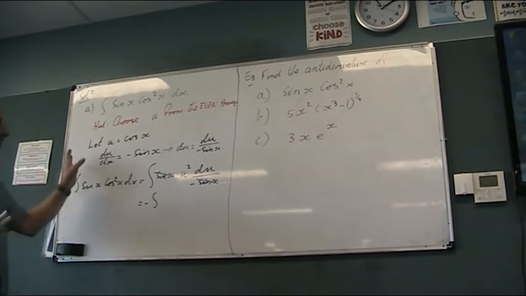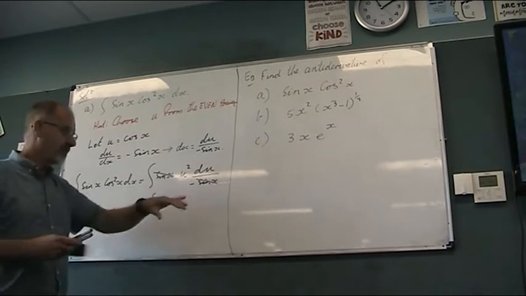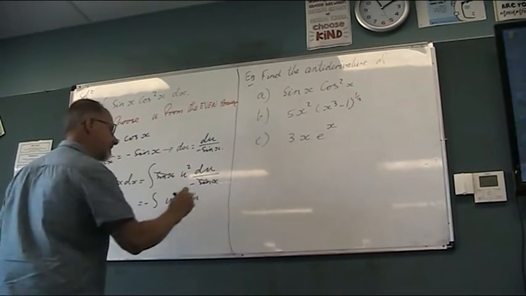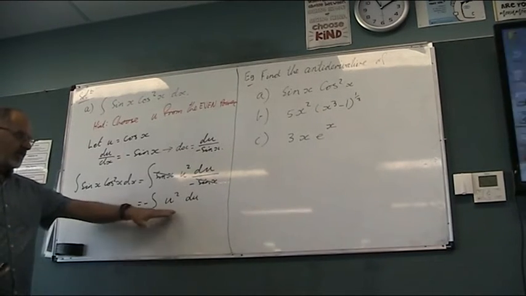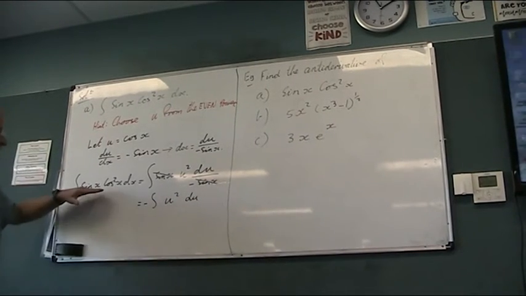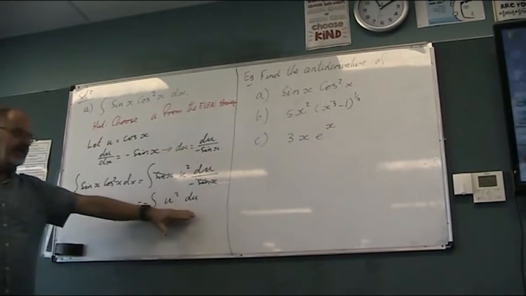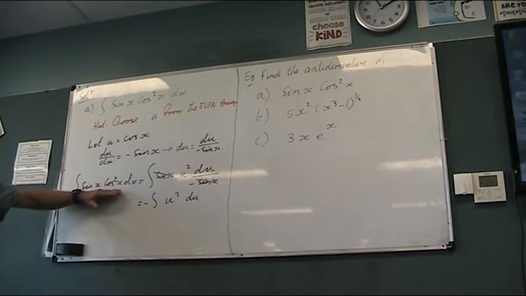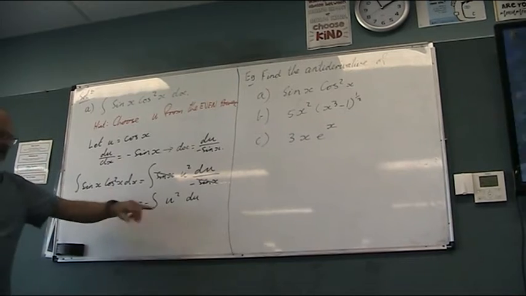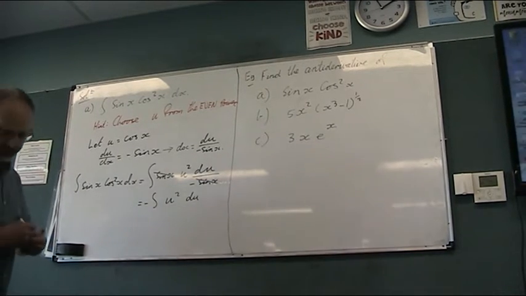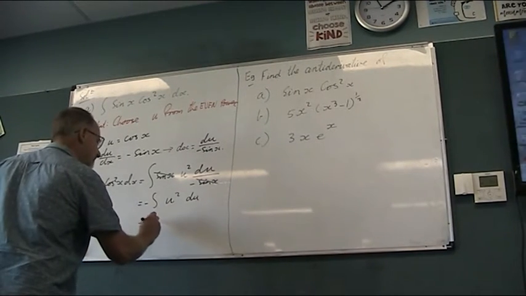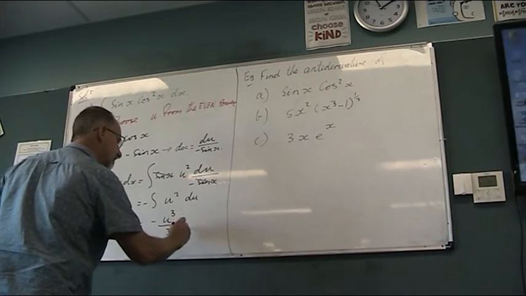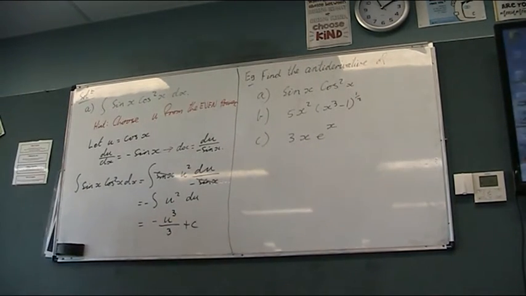So the x variable, when we get to our final bit, it's now u squared du that we're anti-differentiating. So now what we're working with is in terms of u, not in terms of x. And you can see this one in terms of u is much simpler than the one in terms of x. So to anti-differentiate a polynomial, increase the power by 1, divide by the new power, plus some constant.